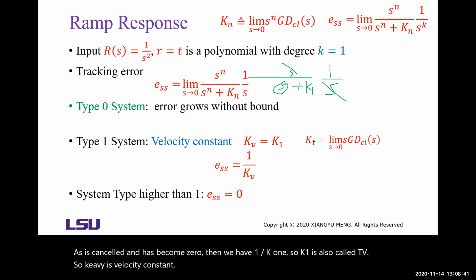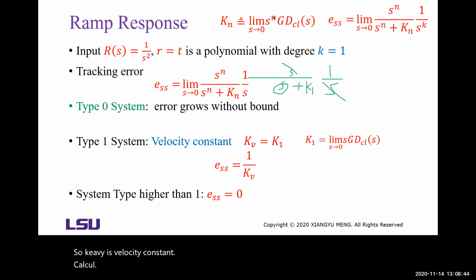Calculate K_1: it's s times G times D, the forward path transfer function. Then let s be 0.